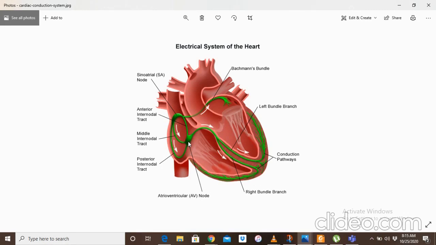It is very important because it allows the atria to contract first and empty their contents into the ventricle before ventricular contraction starts, before the impulse is released to the bundle of His. And then the impulse goes to the right bundle branch and the left bundle branch, and then to the Purkinje fibers.